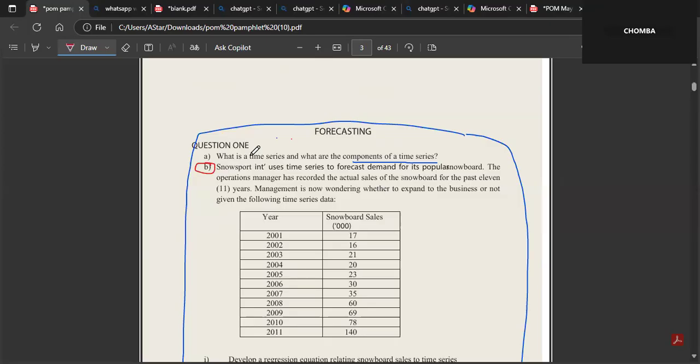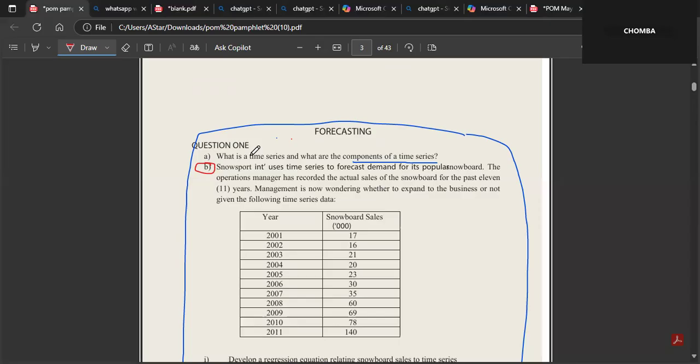Management is now considering whether to expand the business or not, given the following time series data. Okay, you have that one.